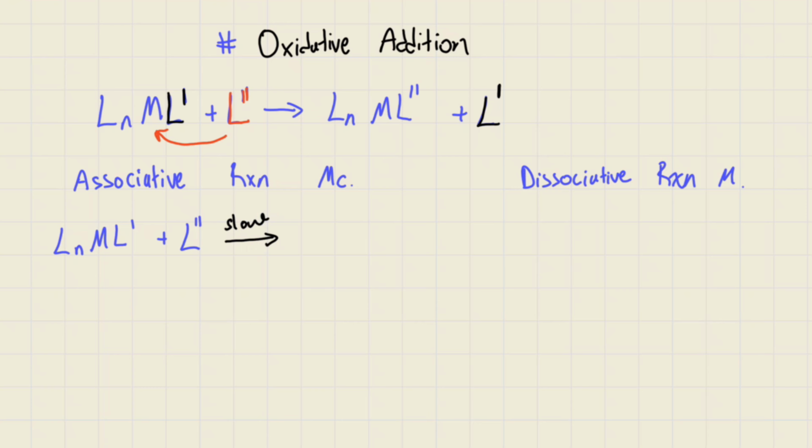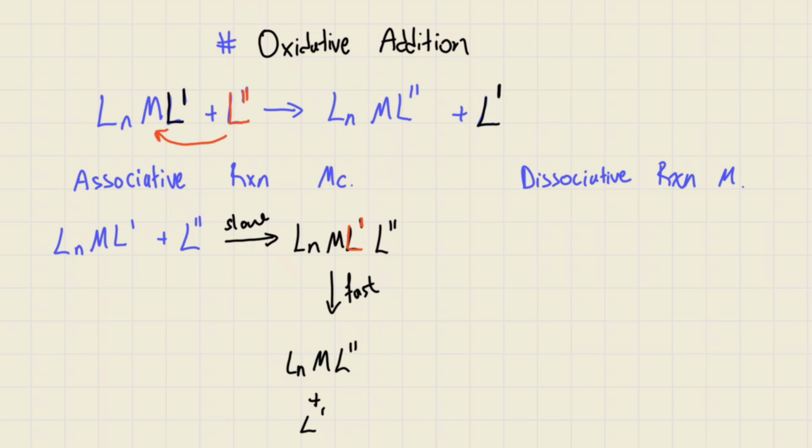This is a slow process. And then this product gives the ligand, which is the L prime. This L prime ligand leaves from the complex, and this is the fast process.